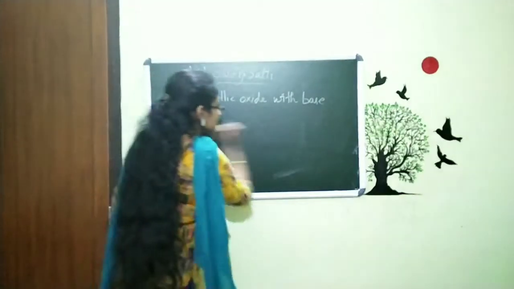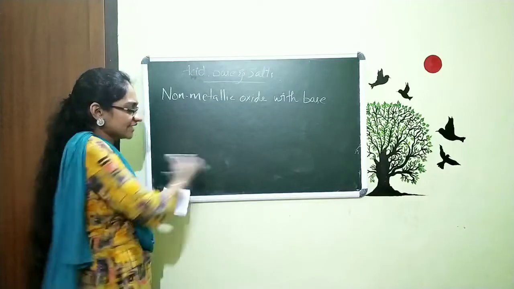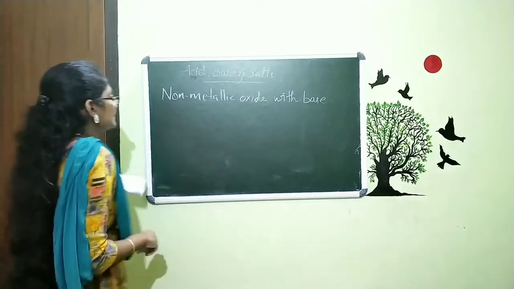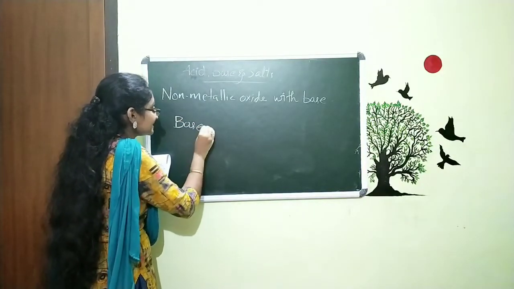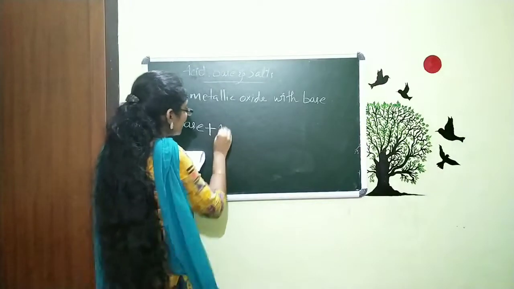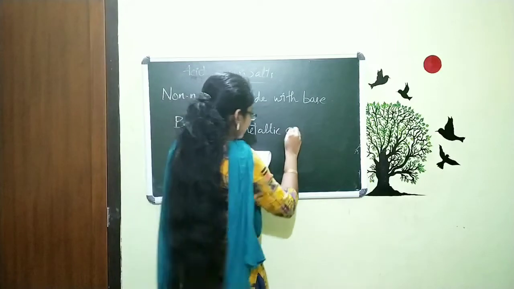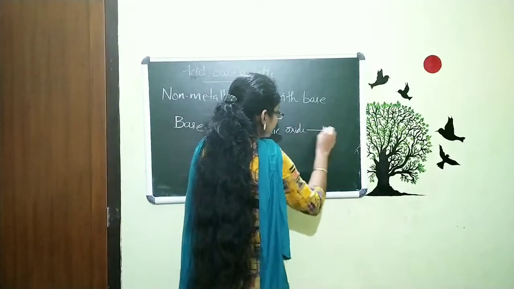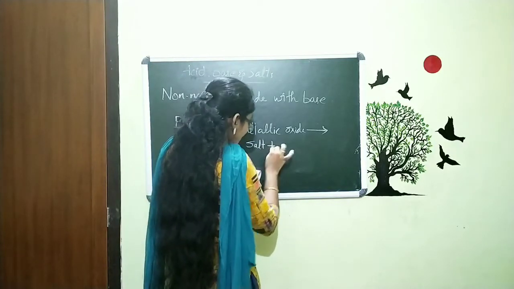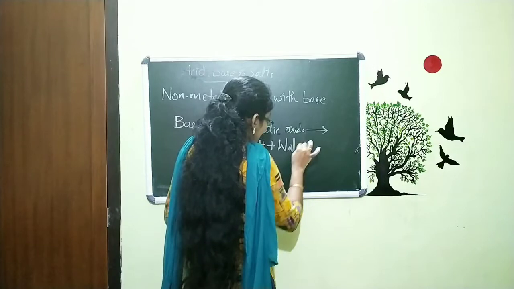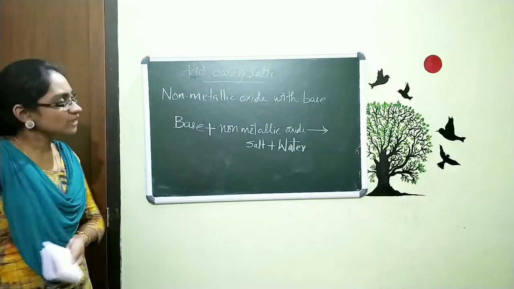Here also, I am going to write the general equation. The experiment we already explained, and I will write the equation, then you will identify which equation it is. So the general equation is this: when a base reacts with a non-metallic oxide, you get the result as salt plus water.